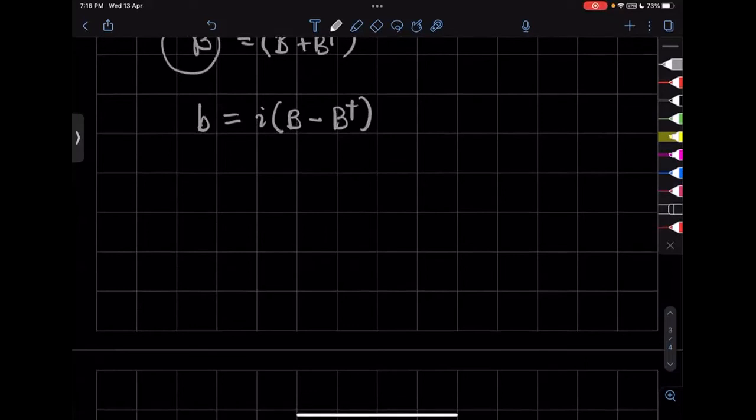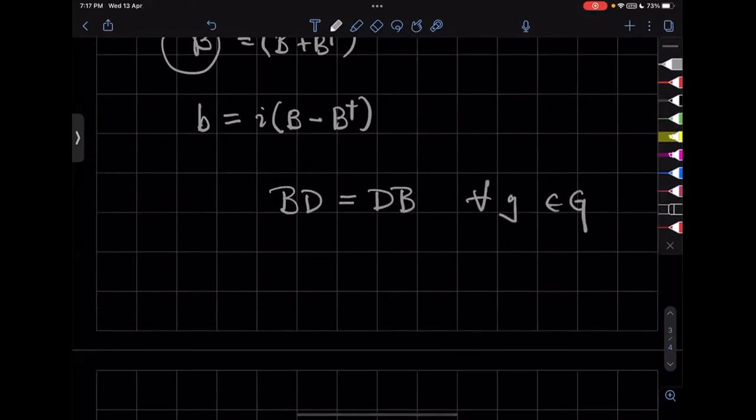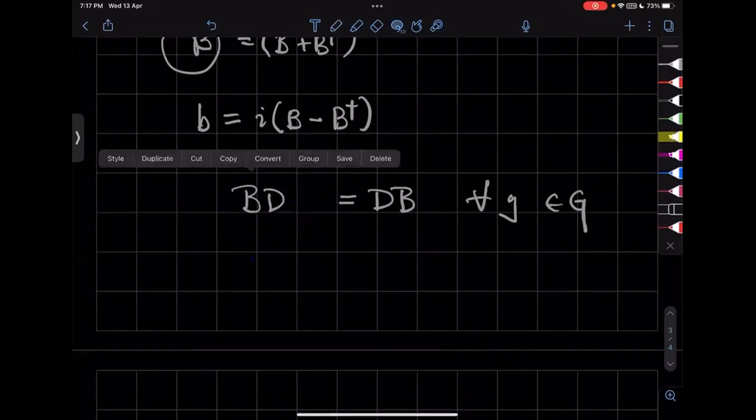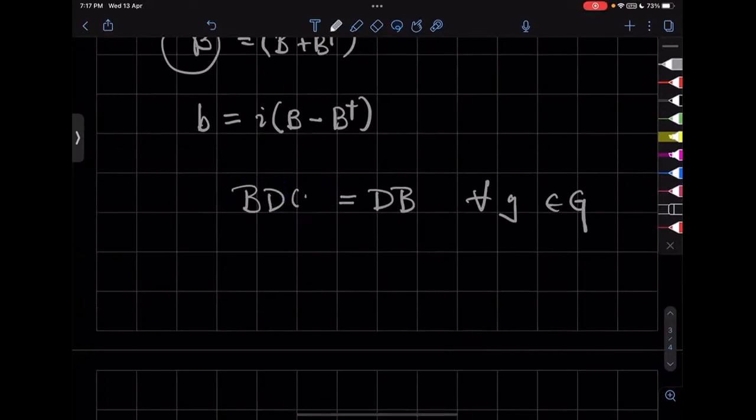So according to the statement of the theorem, B will commute with all D's. That means BD will equal DB for all G. I should probably mention here that D has G dependence.